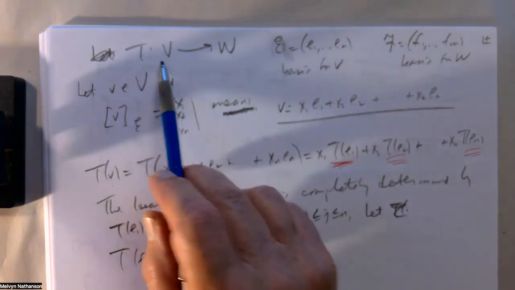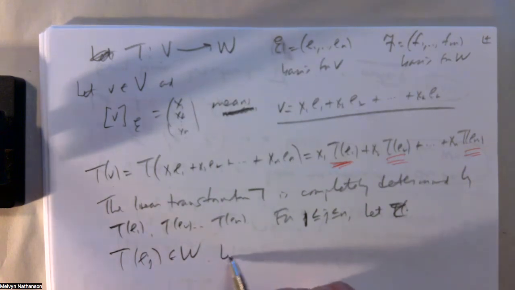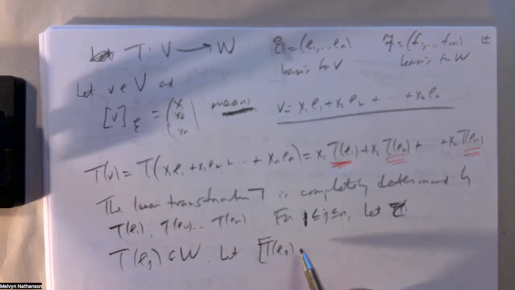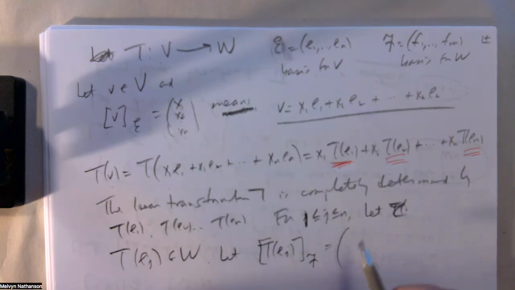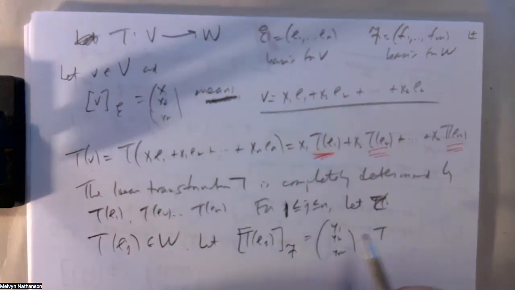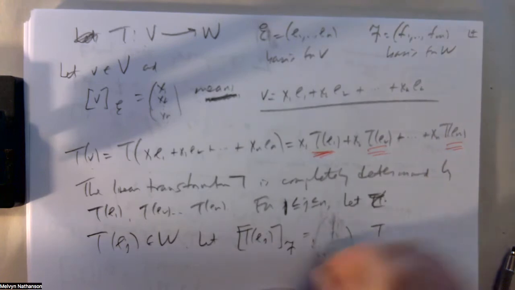Because T maps vectors in V to vectors in W. And suppose we let the coordinate vector for T of ej with respect to the basis F for W be, let's say, y1, y2 down to y sub m. Sorry, that's not what I want to say.